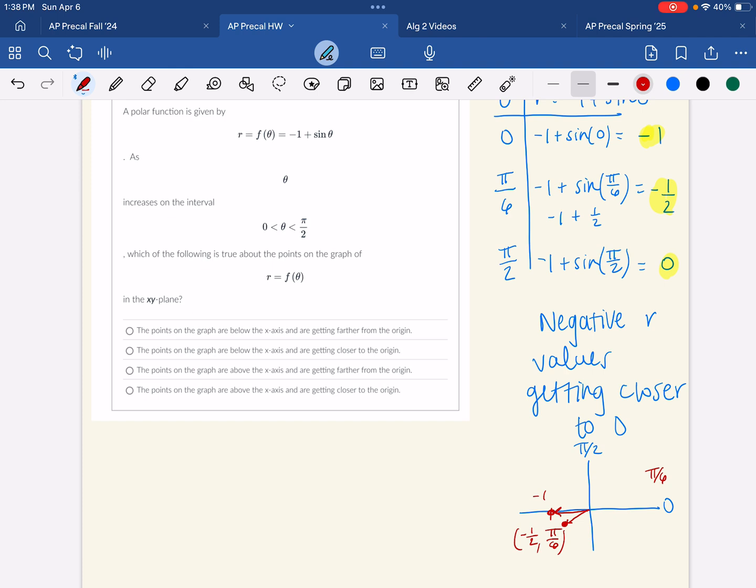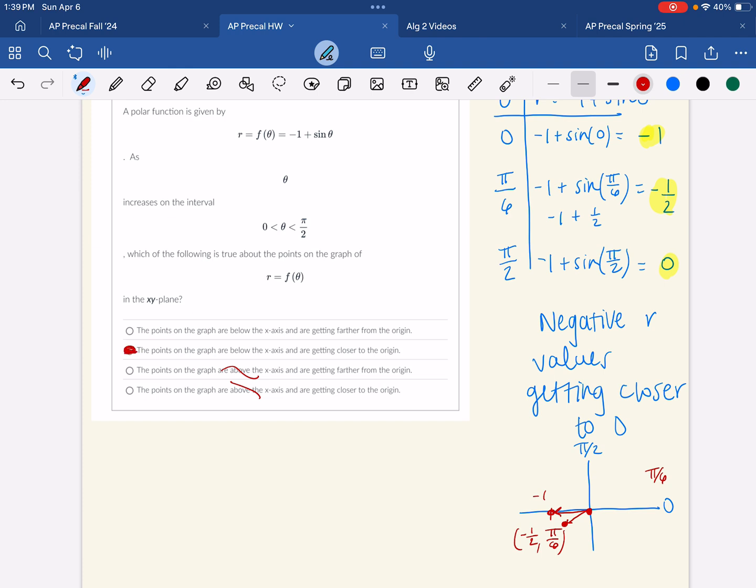And then at pi over 2, back to 0. So because these were negative values, they were not sketched in quadrant 1, they were instead sketched in quadrant 3, being below the x-axis and getting closer and closer to the origin or the pole. So I'm picking that answer below, not above, below the x-axis, getting closer to the origin.